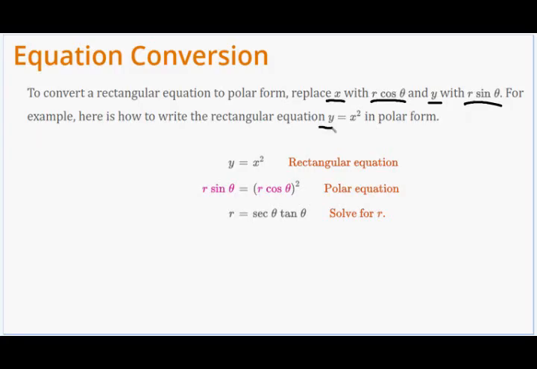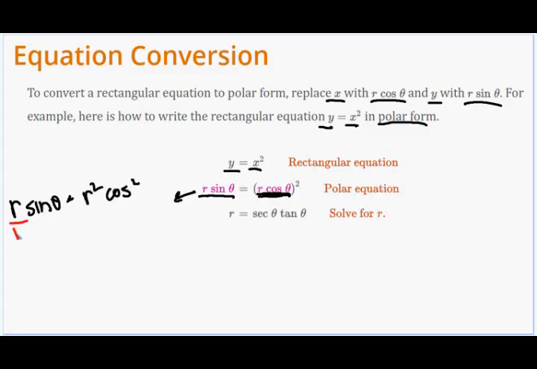For example, here's how to write the equation y equals x squared in polar form. Well, here's y. We can turn that into r times sine theta. And we can turn x squared into r cos theta quantity squared. Let me write it out over here. r sine theta equals, when we square this, we'll have an r squared, and we'll have a cos squared.